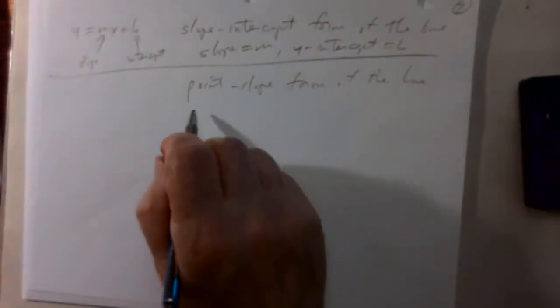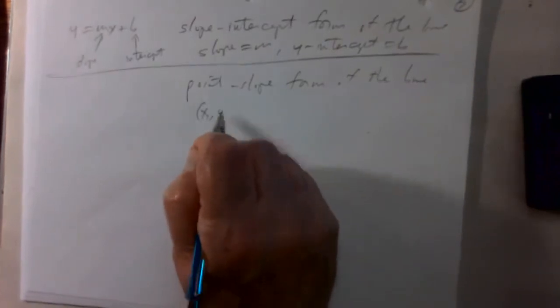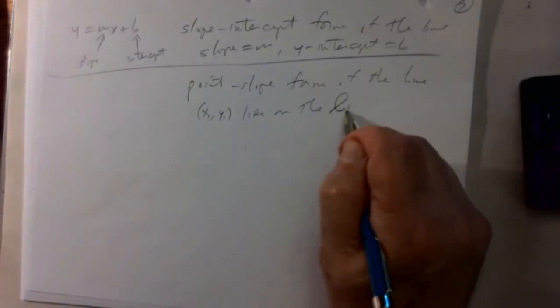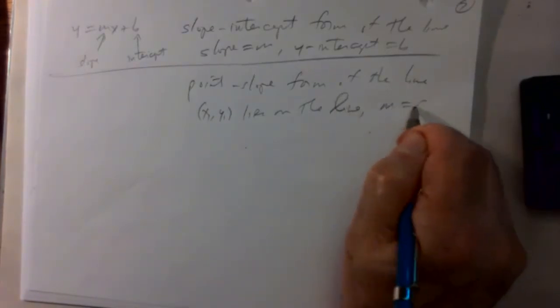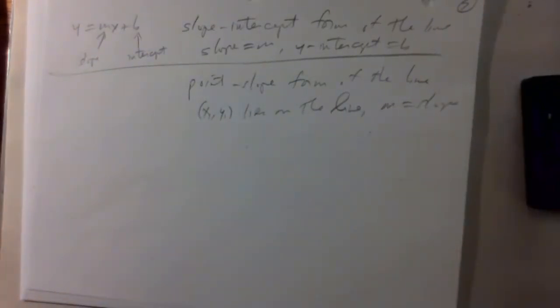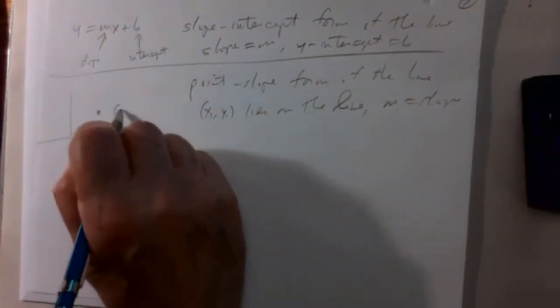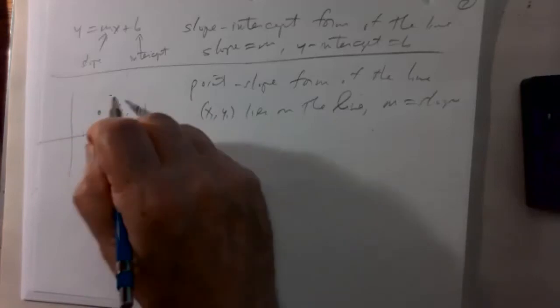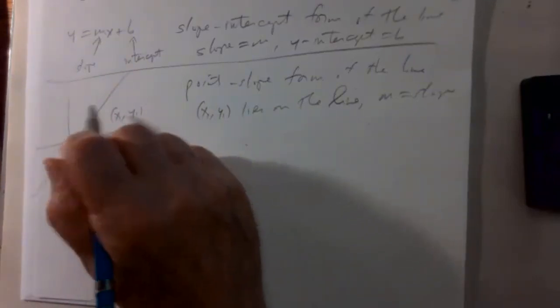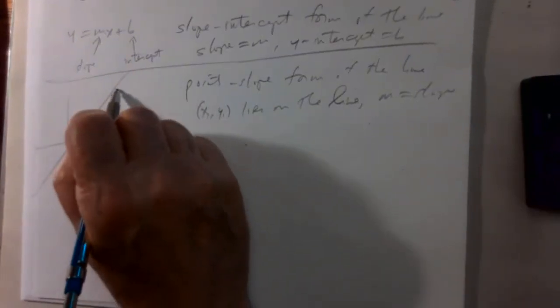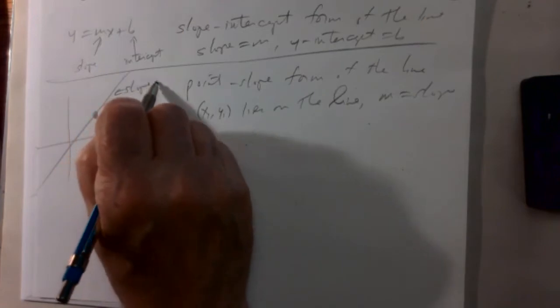In this case, we're given a point, x1, y1, that lies on the line, and m is the slope. So what we're told is we have a point x1, y1 lying on the line, and we want the line through this point with slope m.